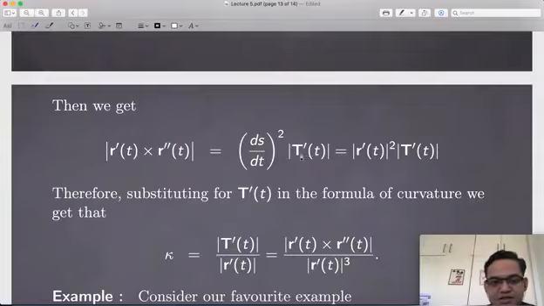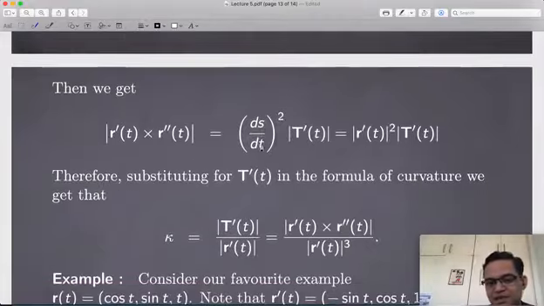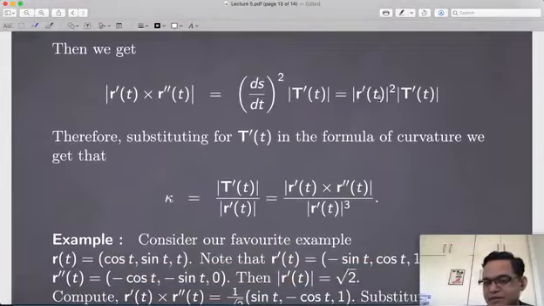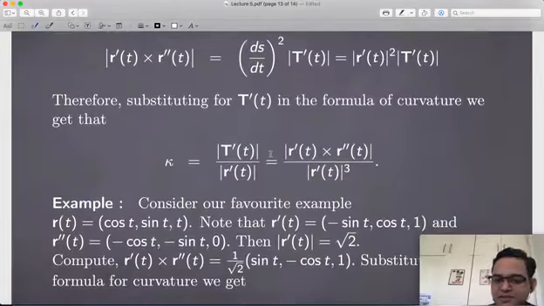Now this gives me a formula for T prime in terms of this divided by this, but this is already known to us. It can be written as r prime(t). So you just divide. We are dividing by r prime(t) here, so we have assumed that r prime(t) is non-zero. Basically you just substitute for T prime in the formula for your curvature, and then you get this.